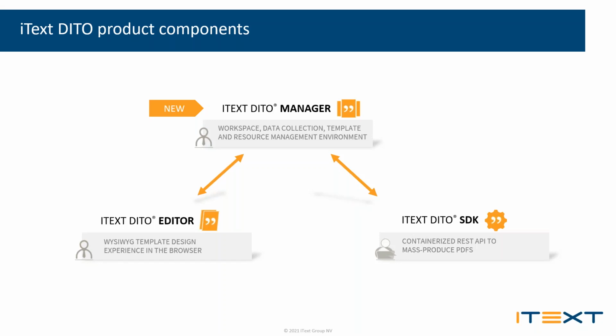There's a native Java version of it. But going forward, we're definitely going to focus on the REST API, the containerized REST API that we offer, which is available as a Docker image. You can just run it, and it's also helpful to scale up that we provide that as a Docker environment.